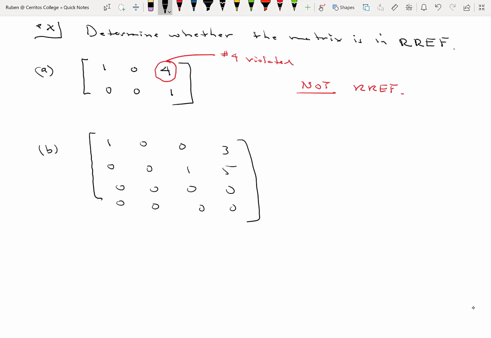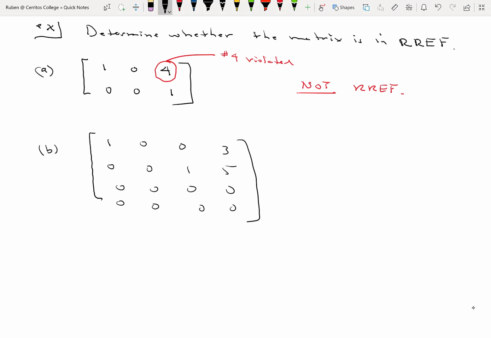2. The first non-zero entry in a non-zero row is 1. Yes. 1 is the first non-zero entry in the first row, 1 is the first non-zero entry in the second row. 3. The sort of diagonal behavior of the ones. Are the leading ones in a non-zero row to the right of the leading one of previous rows?